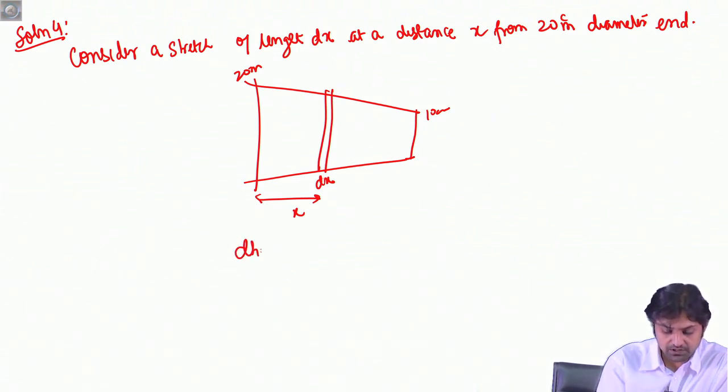So, dhfx will be f L, where L is here dx, by D into V square by 2g.